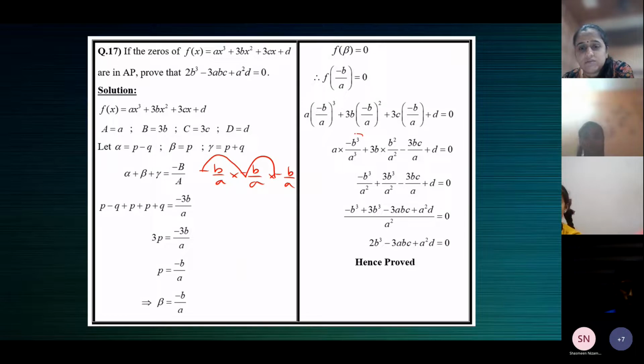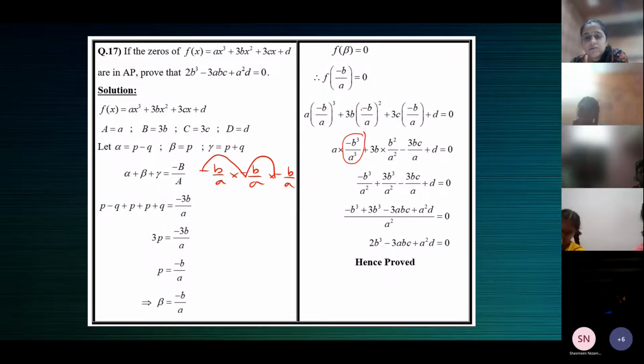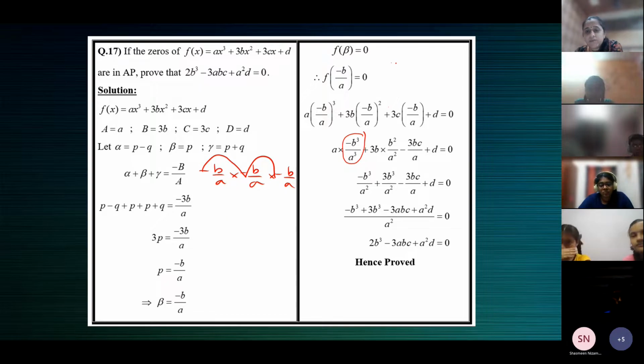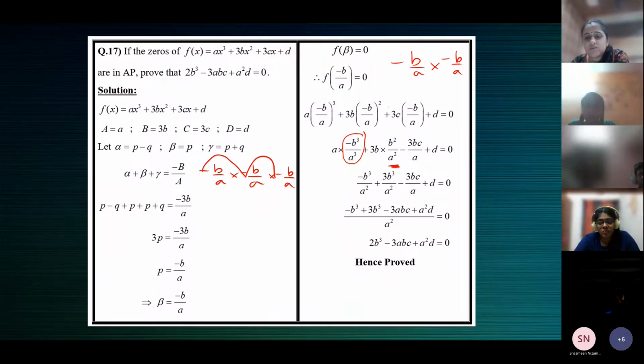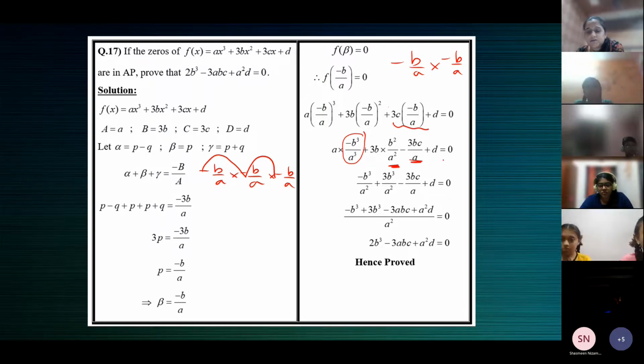That's what you see here. And this one, minus b by a the whole squared: minus b by a into minus b by a, so plus b squared by a squared. That's what you see here. And when you multiply this one, minus 3bc by a, plus d is equal to 0.